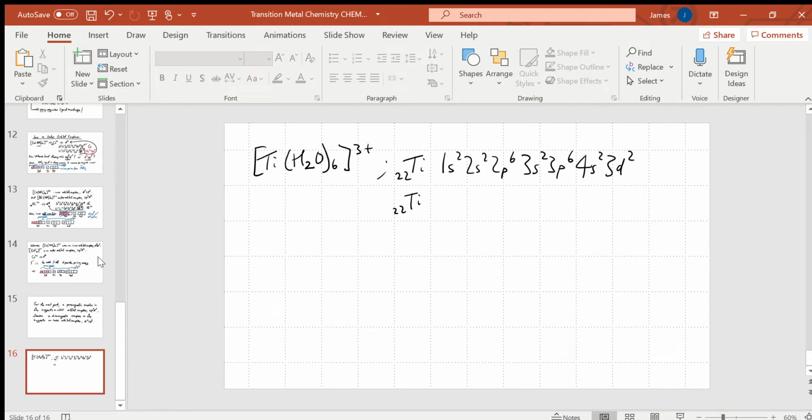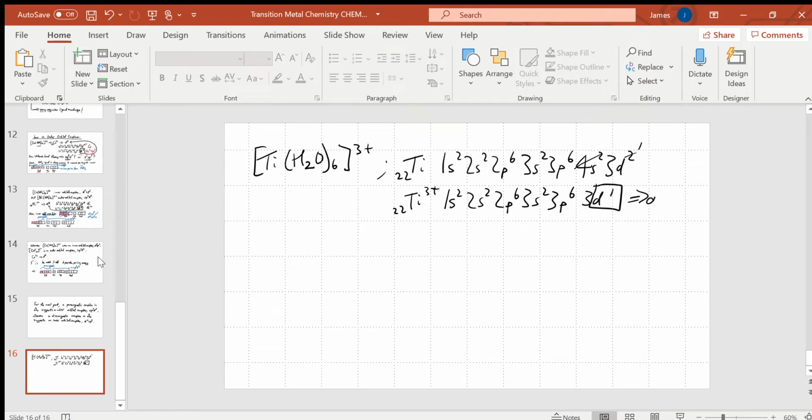So I've now got titanium 3+, because the 3 positive charges land squarely on titanium, because water is neutral. Then I would lose the 4s2 and one of those. So that would be 1s2, 2s2, 2p6, 3s2, 3p6, 3d1.